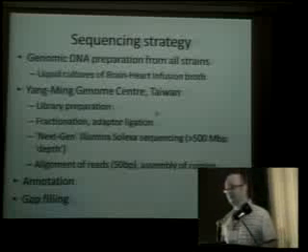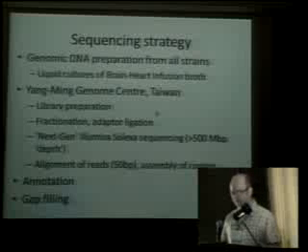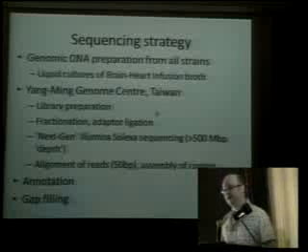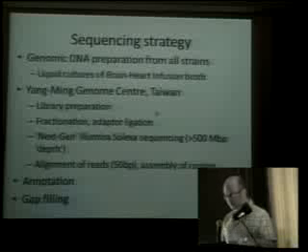We then got our data back a few months later, and we had 500 megabases of genome sequence. So we had quite a lot of depth, so there were a lot of sequences for all of the genome, which made assembling of the contigs, the contiguous regions of the genome, a little bit easier.